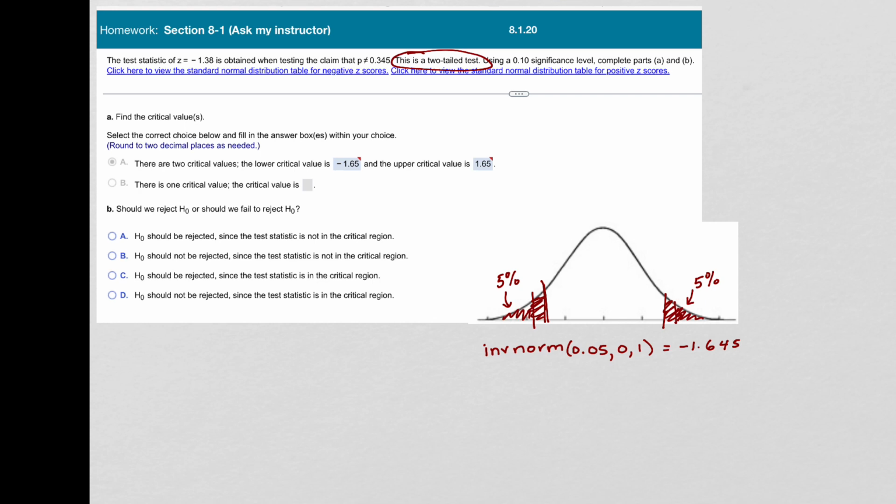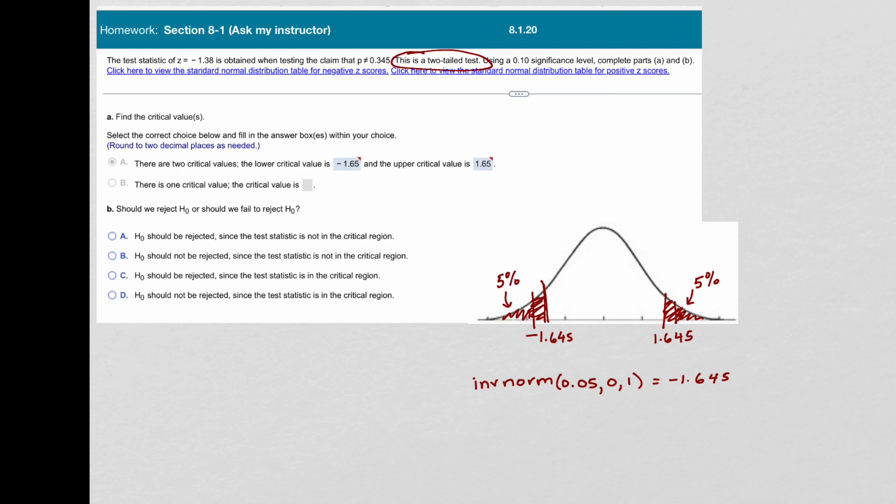So we've got both our positive and negative critical values. We just calculated negative 1.645 for the left-hand side, and then for the right-hand side, we just have to make that a positive. So now I've got my two critical values. And here they have it rounded to 1.65. It just depends on how many decimal places they want to have that for.